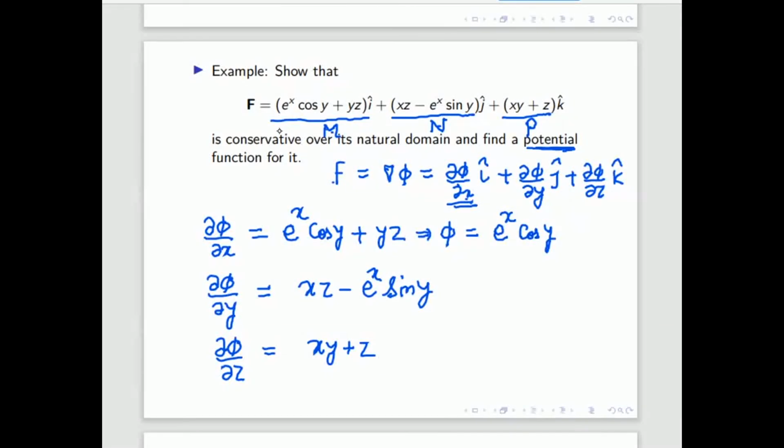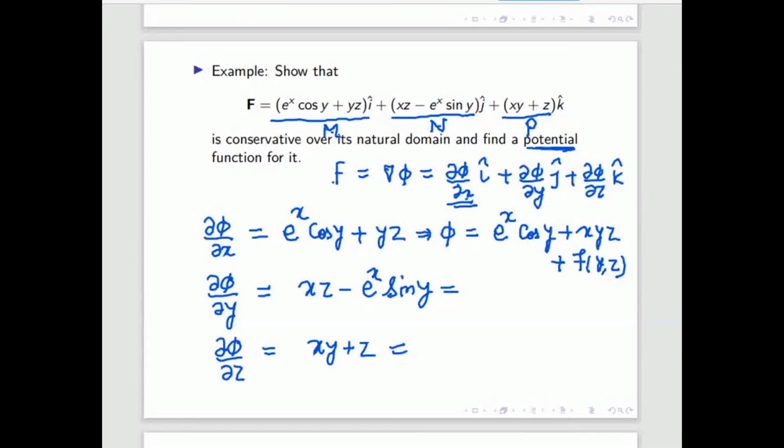It will give xyz, plus some constant of integration. What will be the constant of integration? f of y, z.